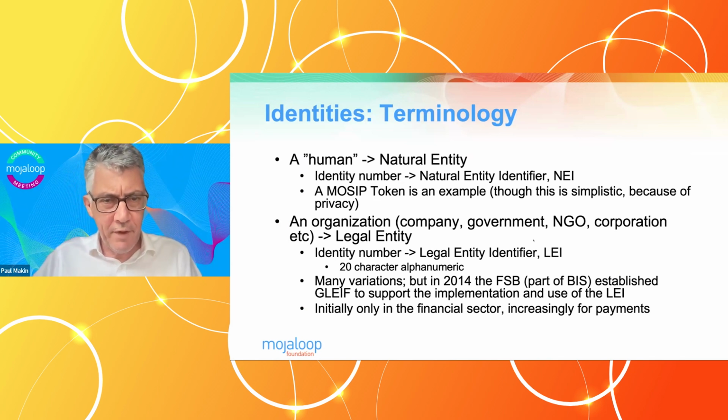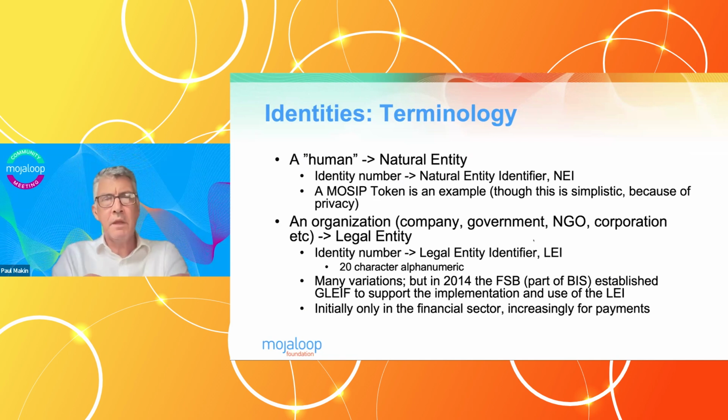So we have an identity number, which is therefore a natural entity identifier, or NEI. And a MOSIP token is an example of an NEI, though just to note that is a bit simplistic because of privacy. You get different tokens depending on the particular service provider that you represent.